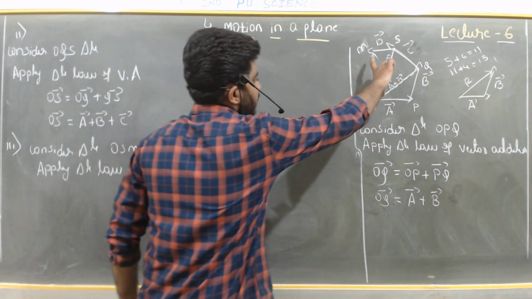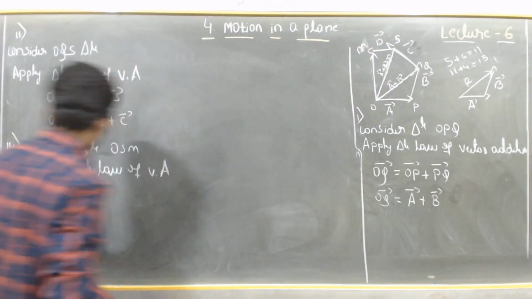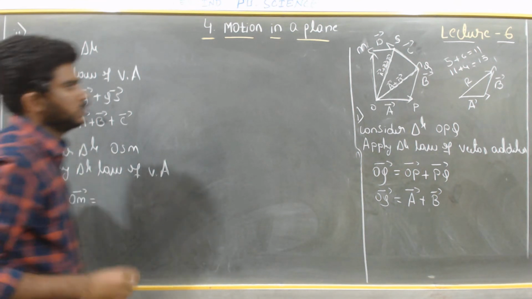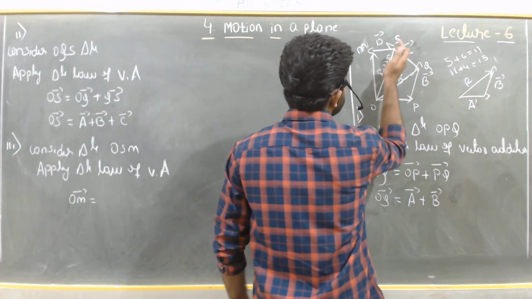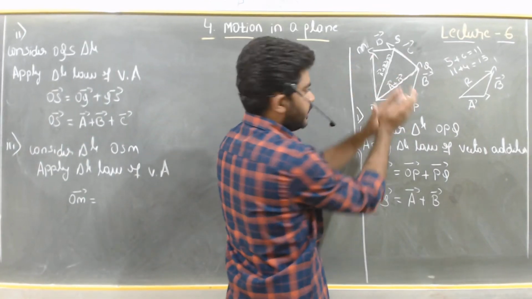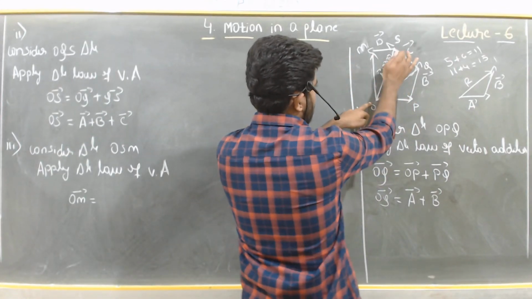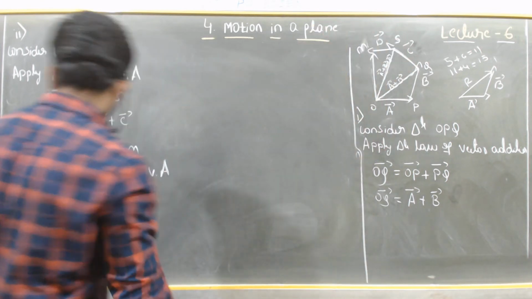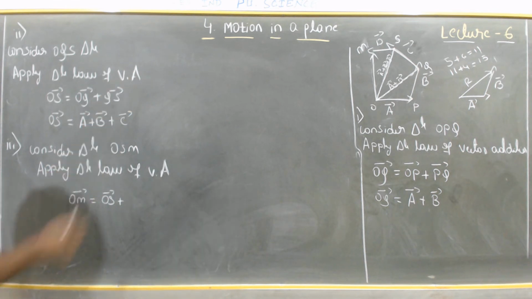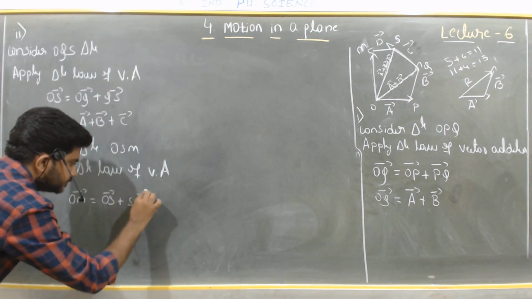Right. So next what I will do? I will take the resultant side, which is OM. OM vector is equal to the other two sides we have, OS and SM. The resultant side is equal to the sum of the two sides. Which are those? OS and SM. OS vector plus SM vector.